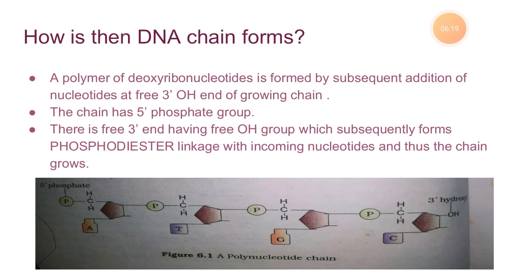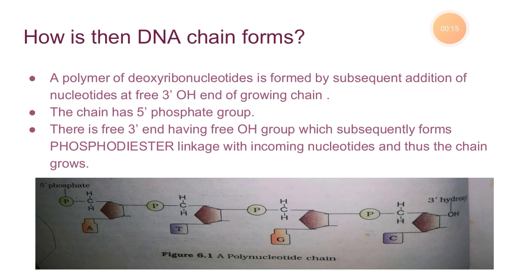Next is, how is the DNA chain formed? We have discussed the basic components of DNA one by one, the nitrogenous bases, the sugar, and the phosphate group. And now how is this DNA chain forming, how is this DNA growing, how are these polynucleotides being added? As you can see in this picture, there are two ends.